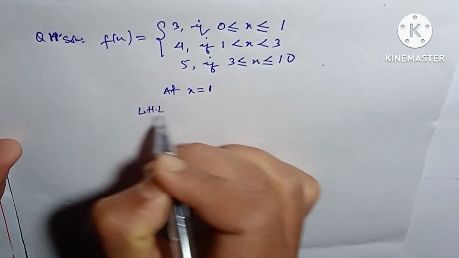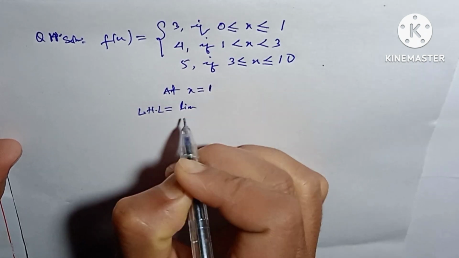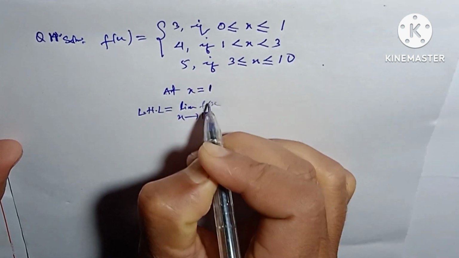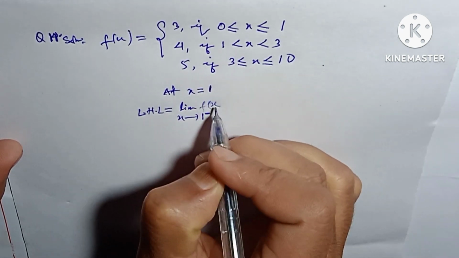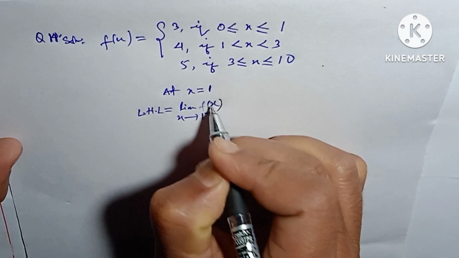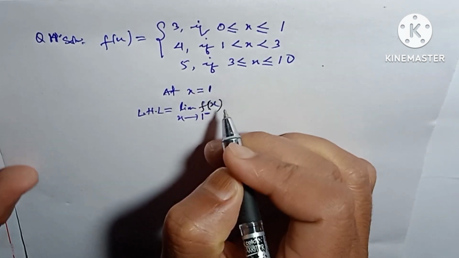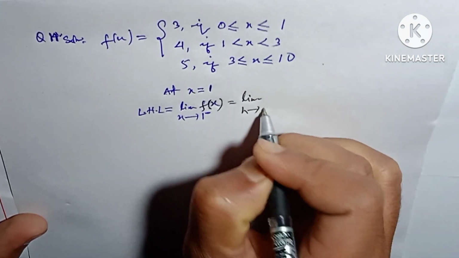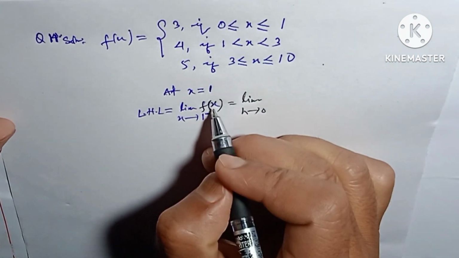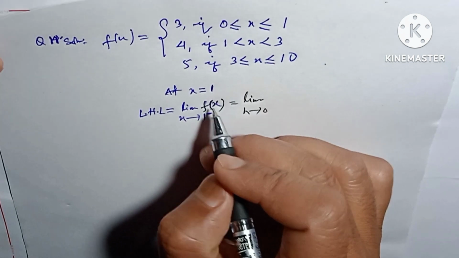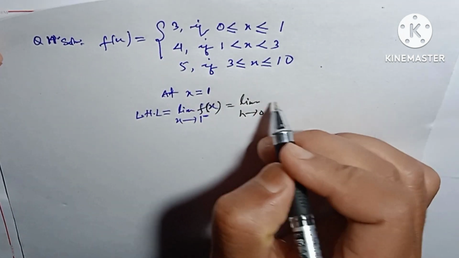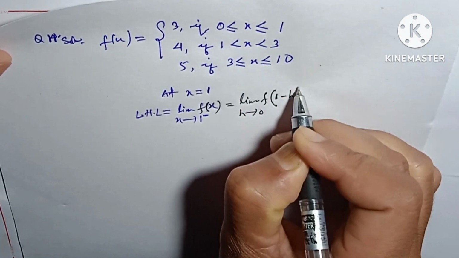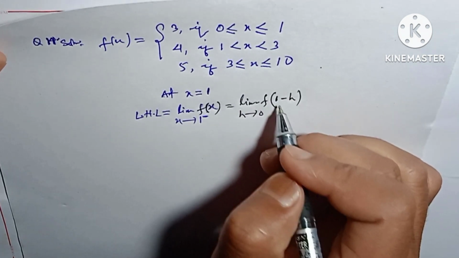Left hand limit equal to limit x approaches 1 from the left side of f of x, equal to limit h approaches 0 of f of 1 minus h, which is approaching from the left side of 1.